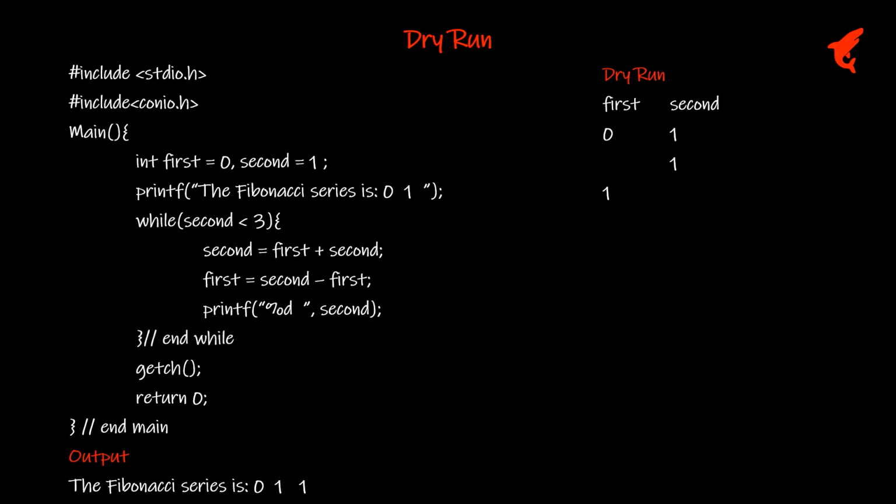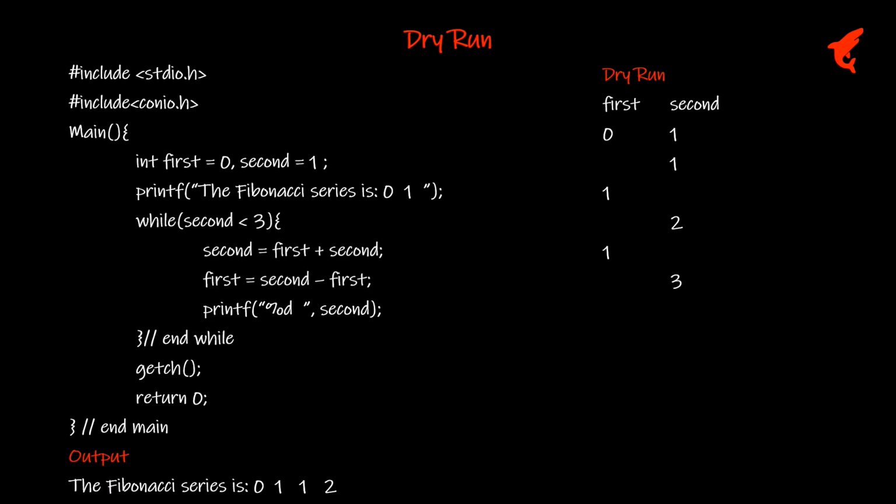Again the while condition is checked, which is true. After the addition operation second becomes 2. After the subtraction operation first becomes 1. Then the value of second is printed as 2. And the loop cycle ends. Again, the while condition is checked, which is true. After the addition operation second becomes 3.